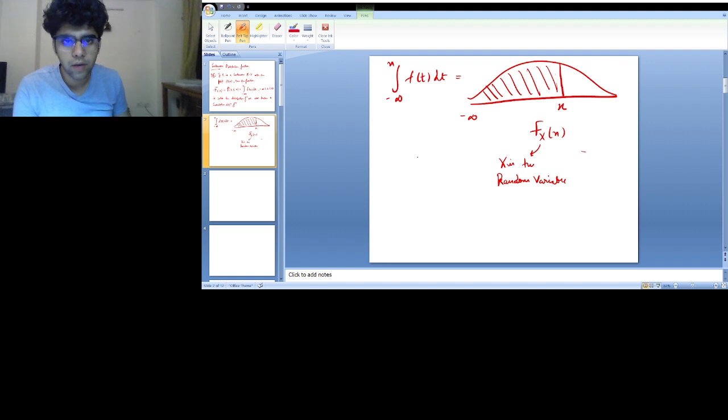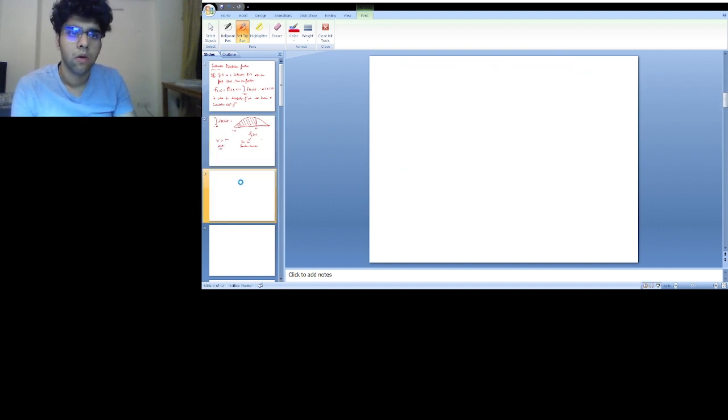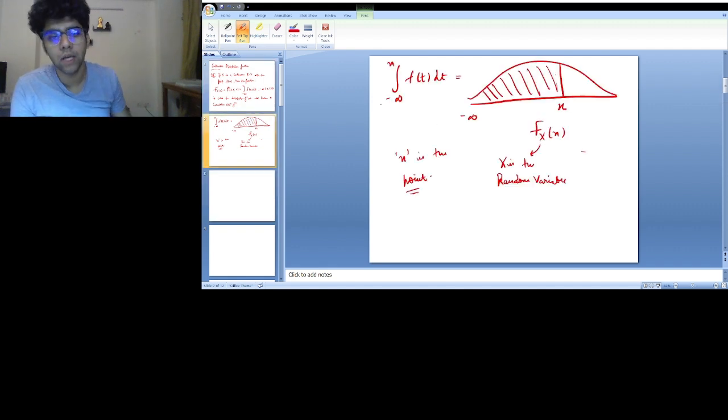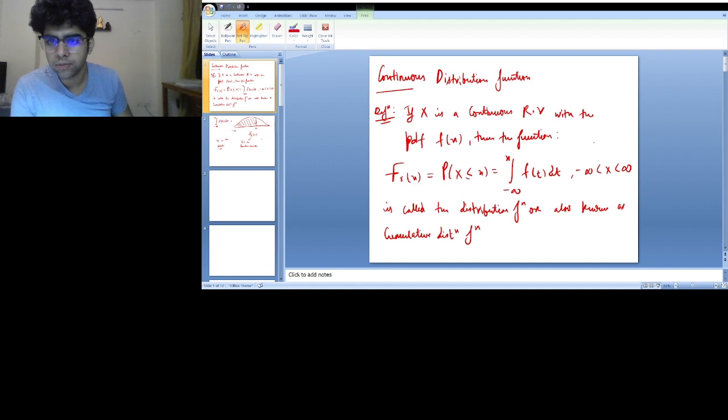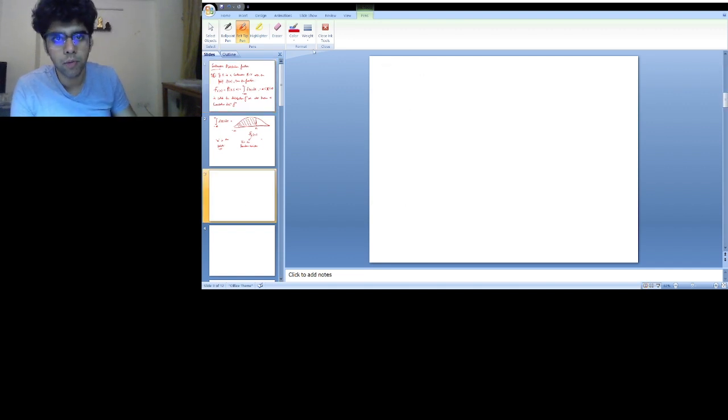Capital X is the random variable, and this small x is the point. So the small x can take any value between negative infinity to positive infinity. Why? Because I've written here in the first slide that my small x lies between minus infinity and infinity.